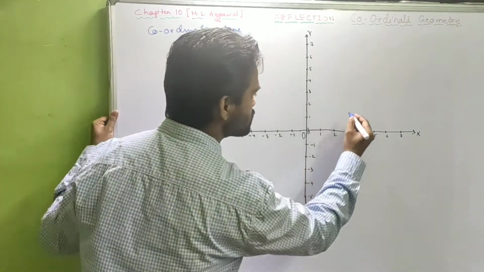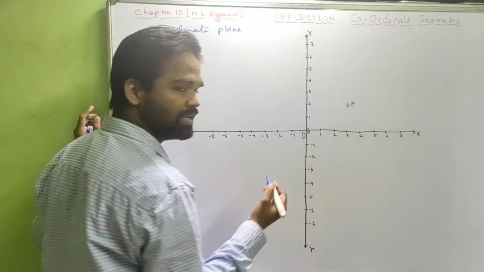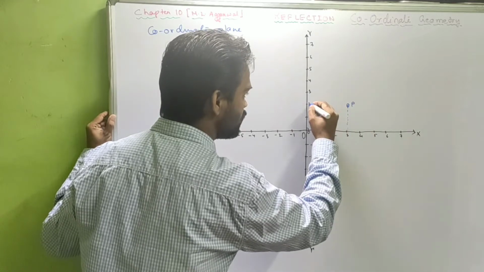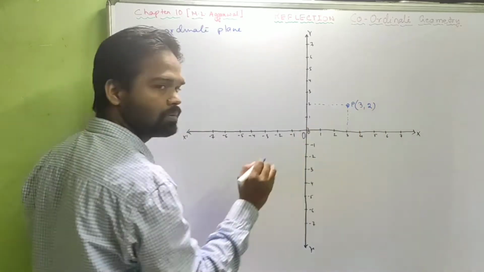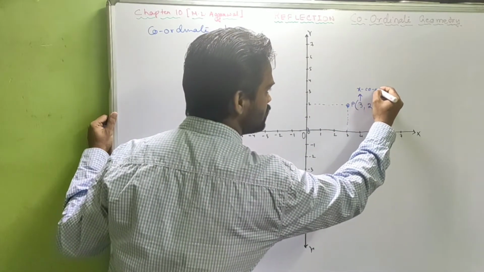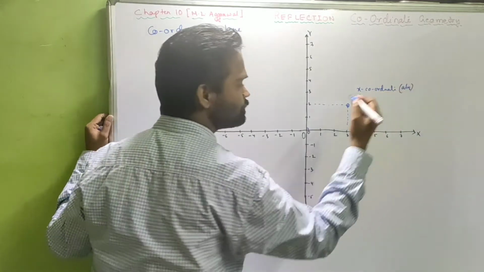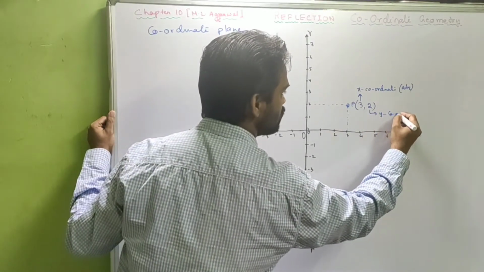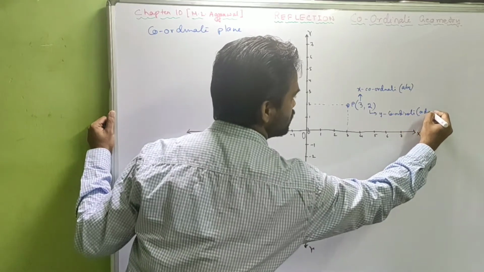Just look over here. Suppose I take a point P, then this point P is represented by an ordered pair (3, 2), where 3 is your x coordinate, which is also known as abscissa, and 2 is your y coordinate, which is also known as ordinate.